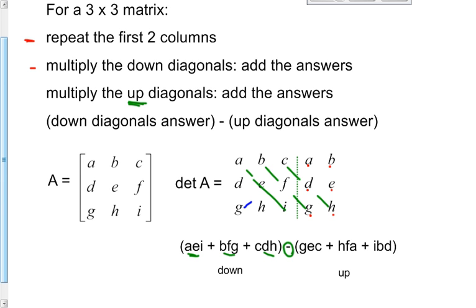So G, E, C, then slide over and do H, F, A, multiply those together, and then slide over one more time, I times D times B. Multiply those together. Add them up, and then we do all of the downs, subtract all of the ups, and that will give us our one-number answer. So it's down, down, down, minus the up, up, ups.